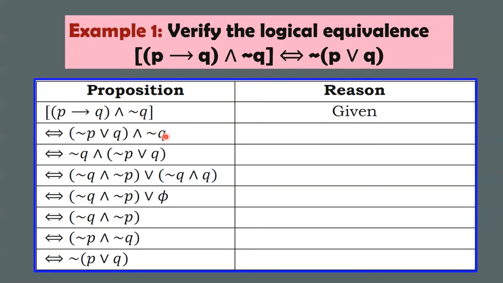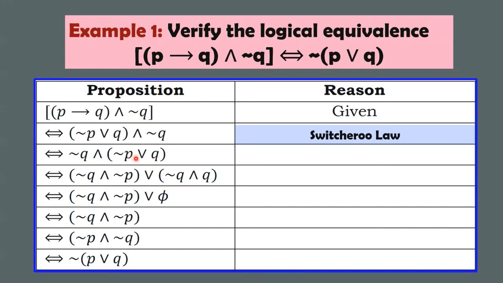Now, we have this. Anong nangyari? We replace if P then Q by not P or Q. This is exactly the Switcheroo law. This is writing this conditional statement as disjunction. Next. Anong ginawa? You see, nag-switch ang not Q at saka itong nasa loob ng parenthesis.